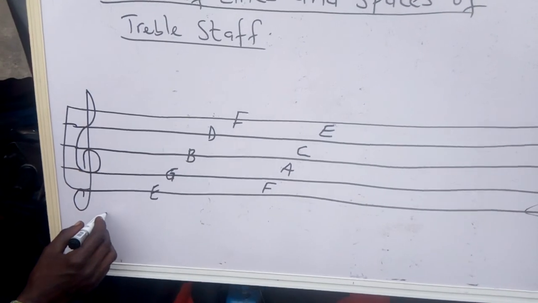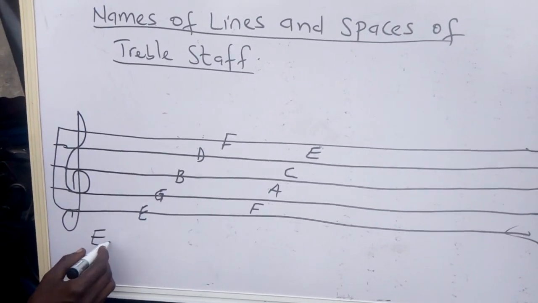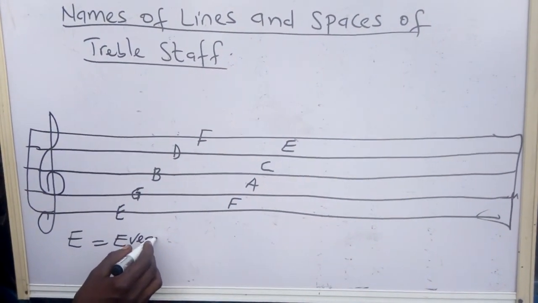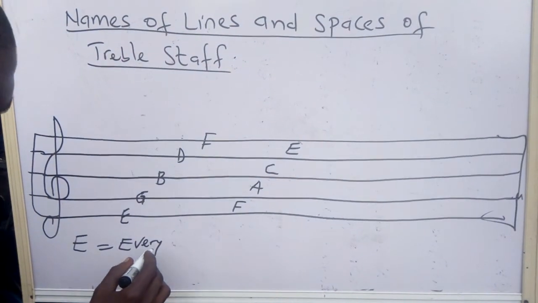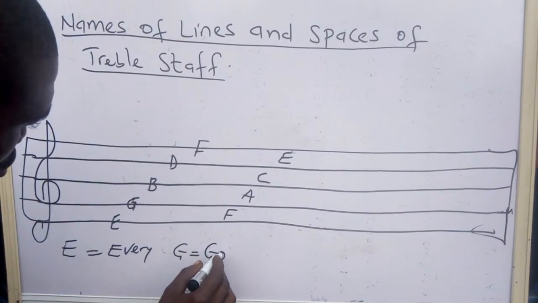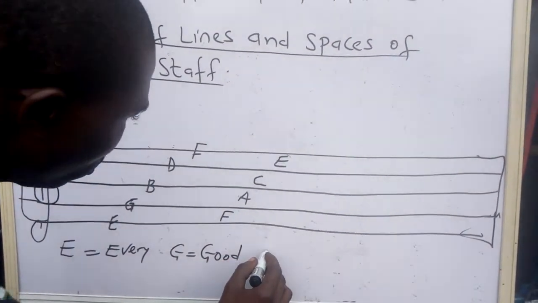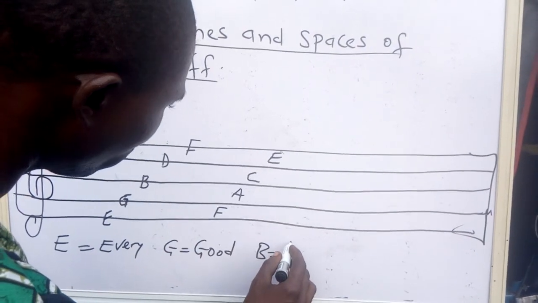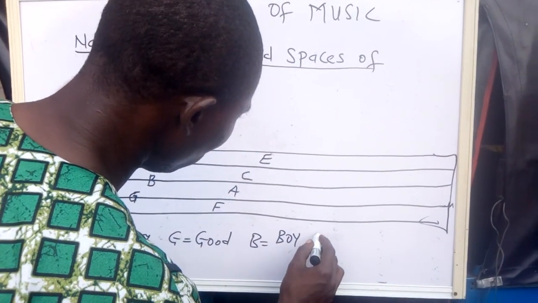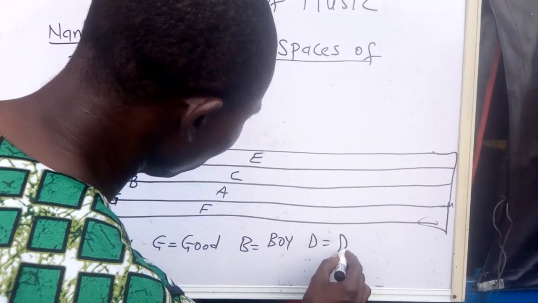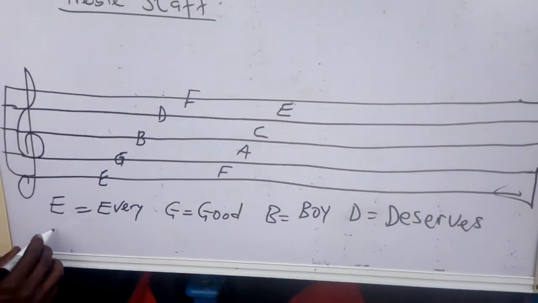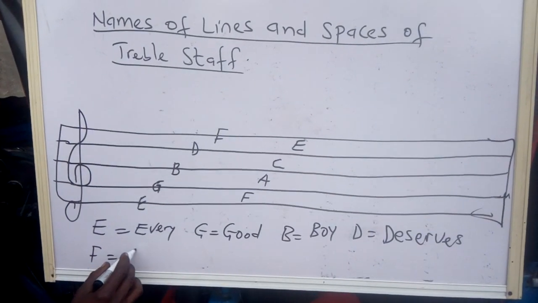You see your first line taking E from the bottom, you have E to mean every, and then your G means good, and then your B is called boy, and then your D deserves, and then your F means favor.